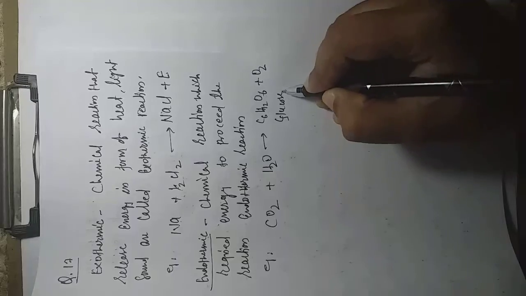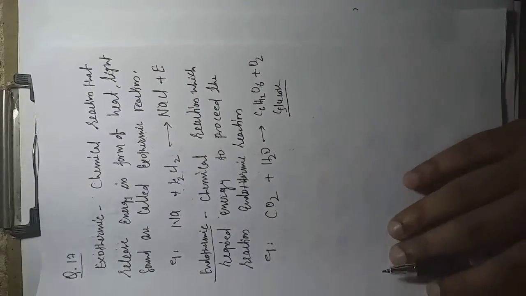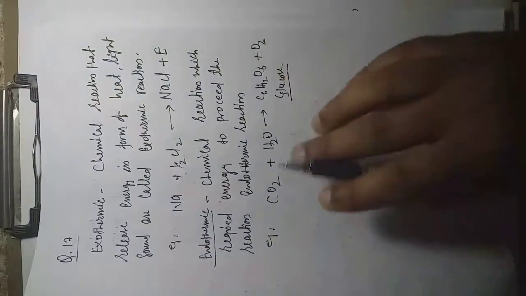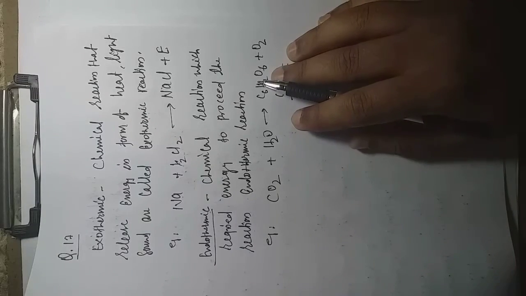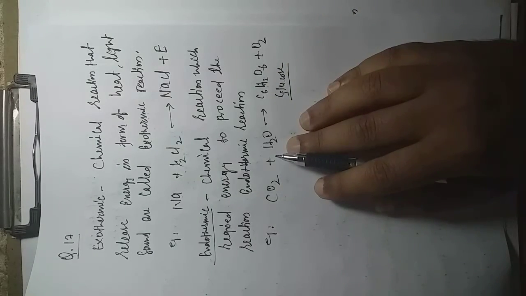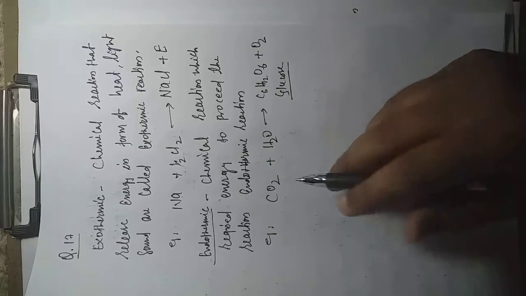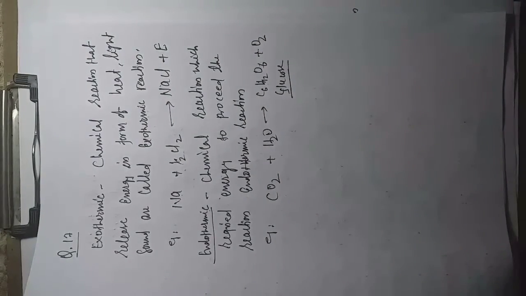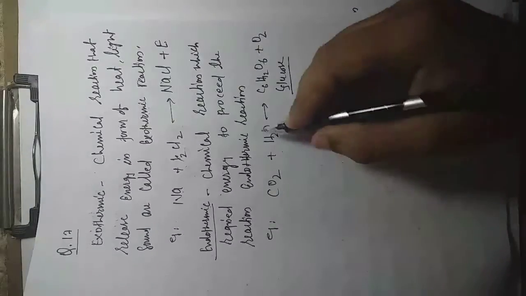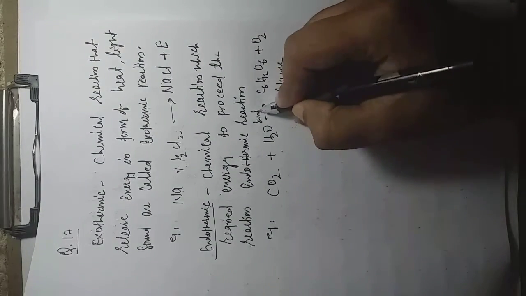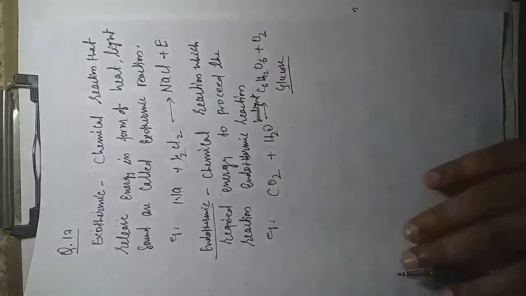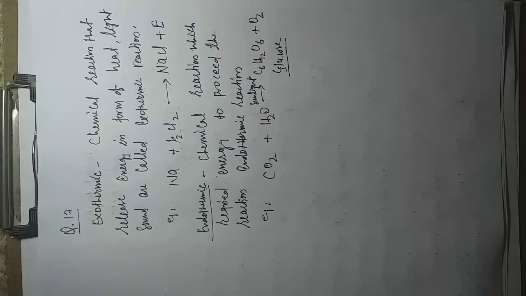This type of reaction can't proceed in the forward direction, it can't happen without energy. We have to provide energy for initiation of this reaction. This type of reaction is called endothermic reaction, right? Memorize this, exothermic and endothermic reaction.